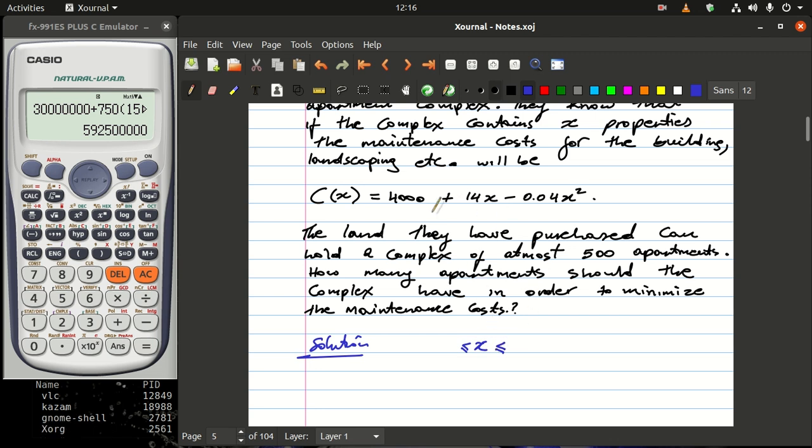If Mr. Nxana and his company build these properties, they cannot build more than 500, because at most means less than or equal to. So X will always be less than or equal to 500.